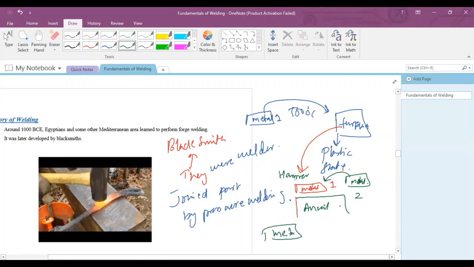They placed part two and part one together and applied the hammer. They used to do hammering till both parts were fused together.